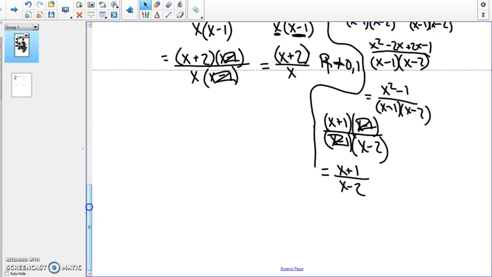Man, that was a lot. Domain not equal to 1 and negative 2. Or sorry, that should be positive 2. 1 and positive 2. Okay? All right. That's the first part of the notes.